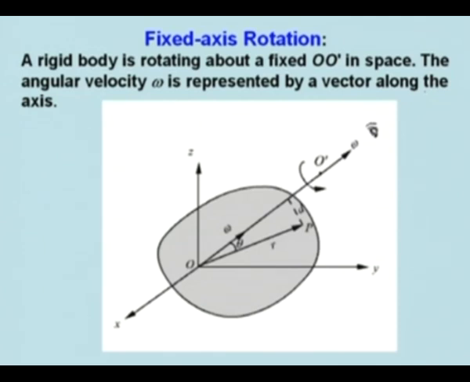Our convention is that the axis about which the body is rotating represents the vector of the angular velocity. The angular velocity vector has the direction along that axis, and its magnitude is the magnitude of omega.